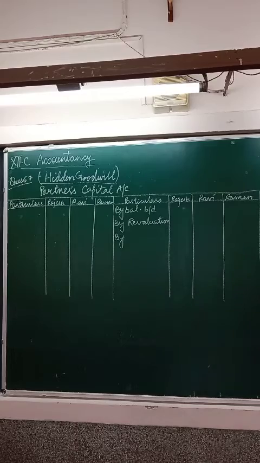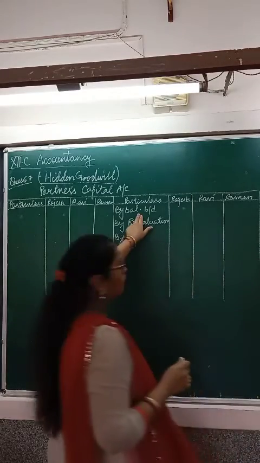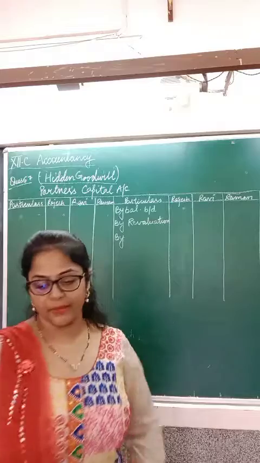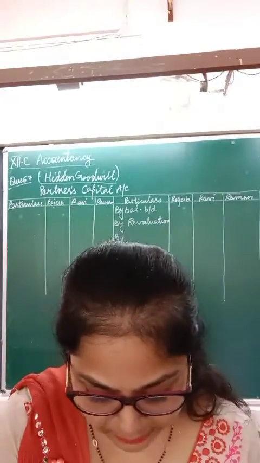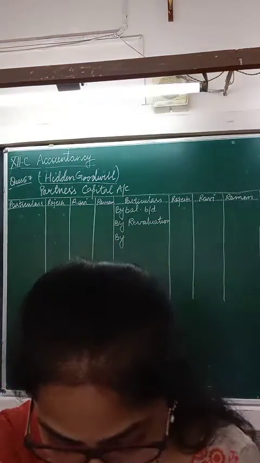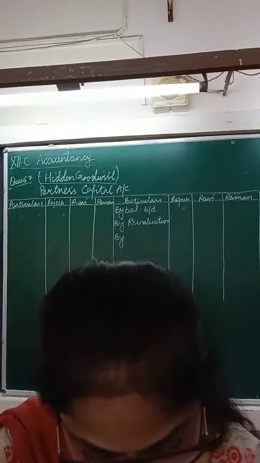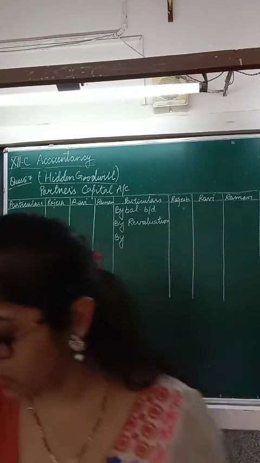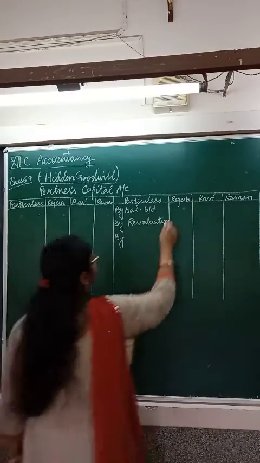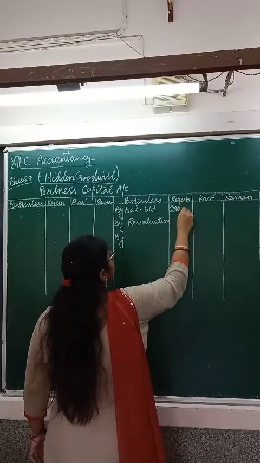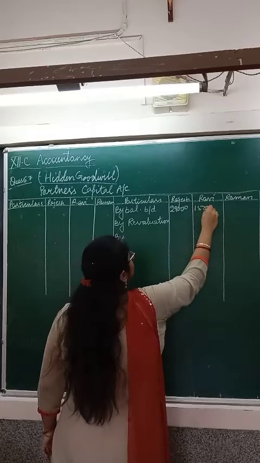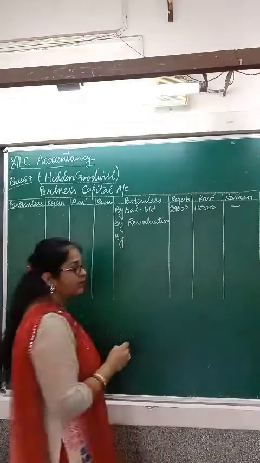Alright, so now let us make the partners' capital account. The balances which were brought forward by the old partners are rupees 29,000 and 15,000. Since this is a new partner, he doesn't have this.